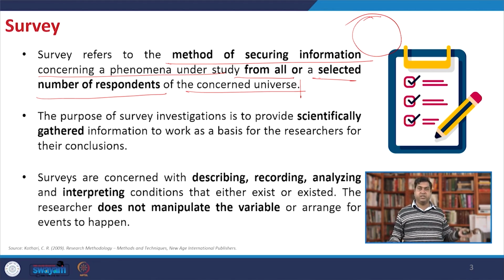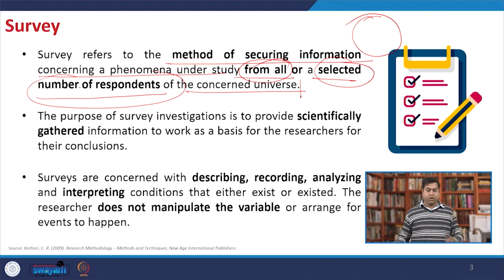So for such cases the total number of metro users will be my population, and then we would survey all of them, which sometimes seems impossible, because each day a few lakhs of people are traveling. Then we go for a sample. Out of that population we only interview a representative sample. That is why it says it can be from all, or a selected number of respondents of the concerned universe or the population.